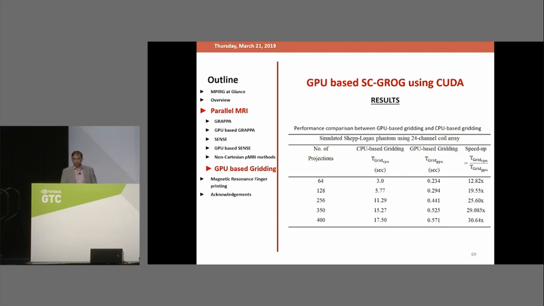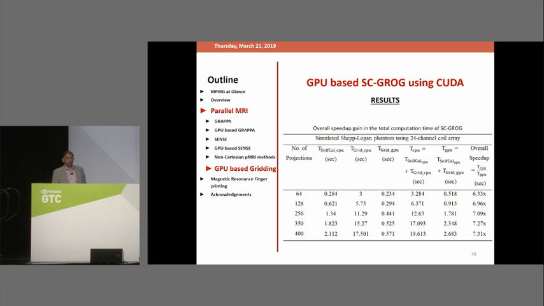We performed the experiments on the Shepp-Logan phantom and for different numbers of projections. Then we could see that for the gridding, we were able to get up to 12x, sometimes 20x, 30x with 400 projections. Significant acceleration was achieved.